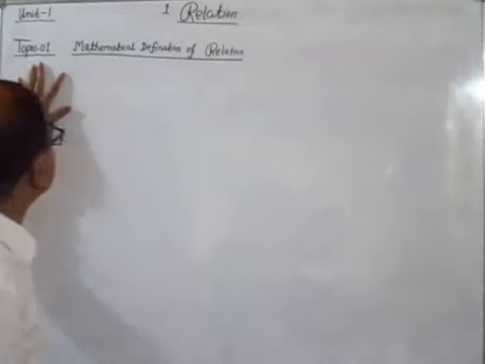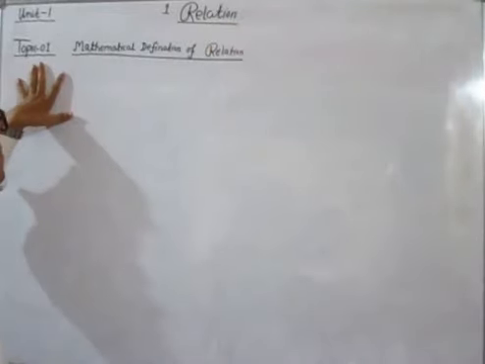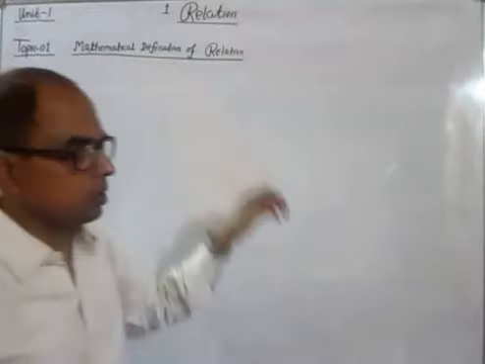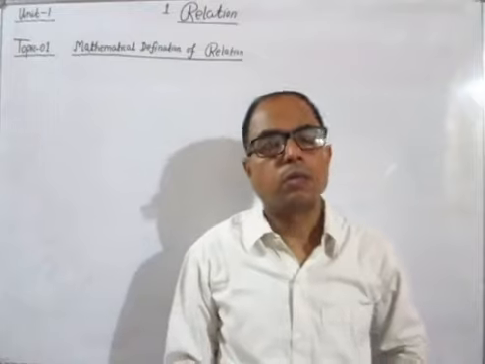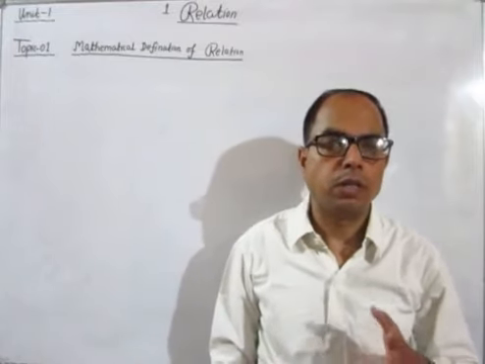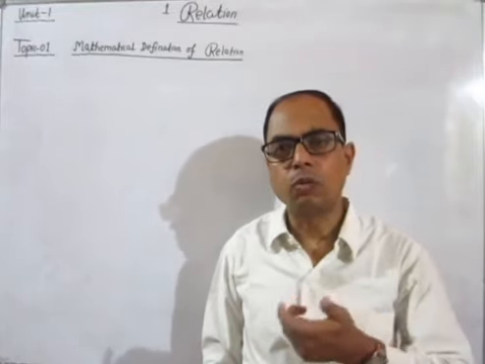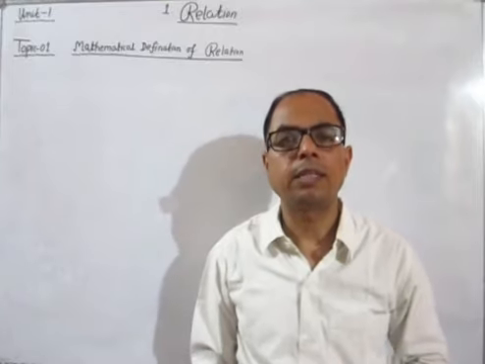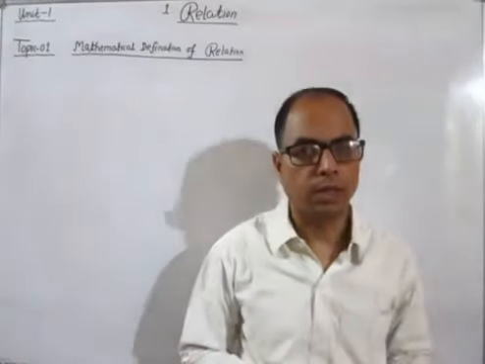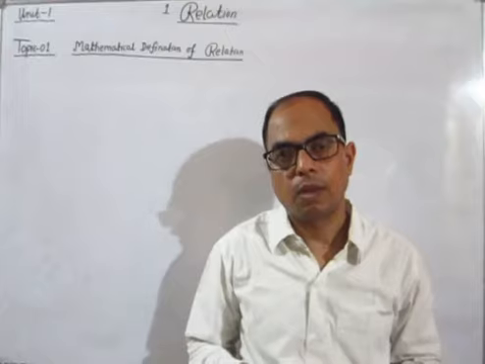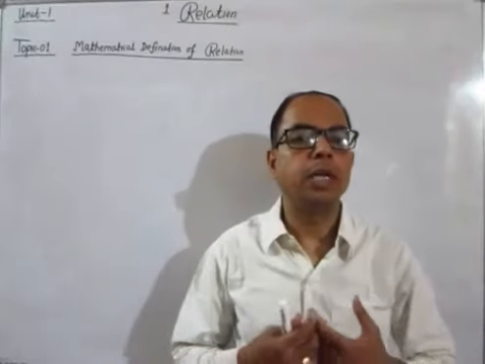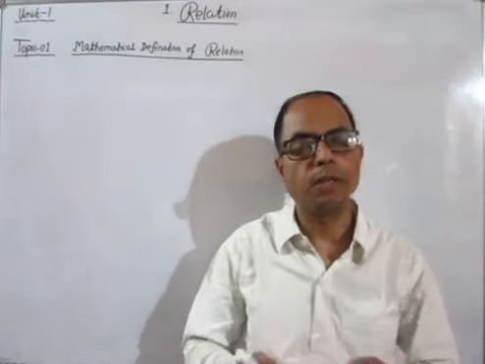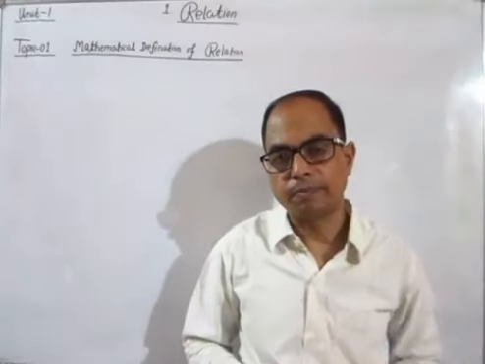So the first topic of this chapter is the mathematical definition of relations. What is the mathematical definition of relation? Now, the simple literal meaning of relation is what? This is an English word, whose literal meaning is connection between two elements by a rule. For example, I am related with you by the relation teacher.